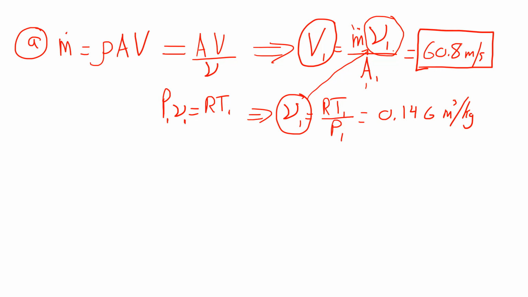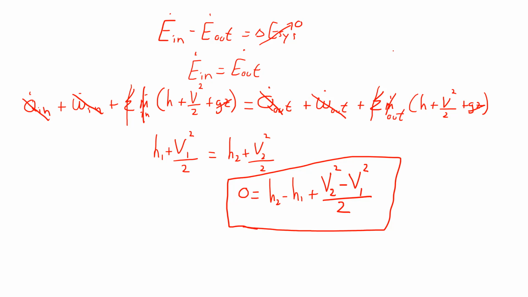Now this problem is eventually asking for what the exit temperature of the gas is. If you go back to your first law, if I can use my first law analysis to solve for my temperature, how can I do that? Well, if you remember, for an ideal gas and an ideal gas only, enthalpy is a function of temperature only.